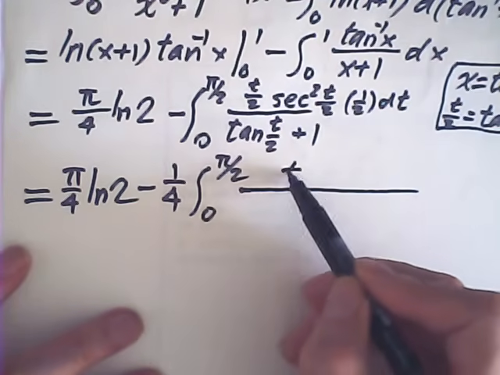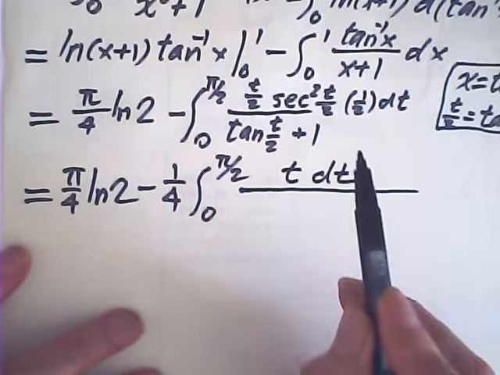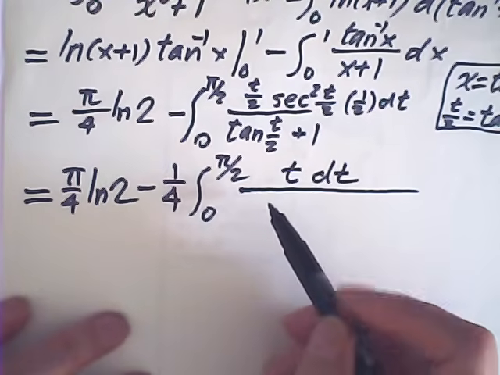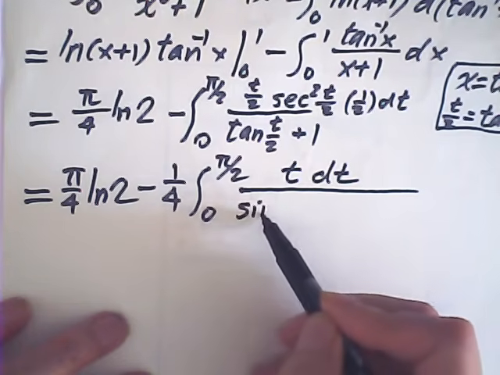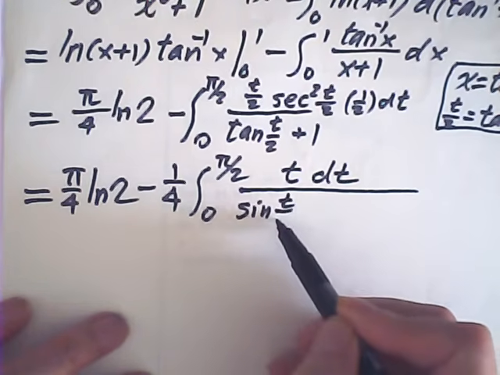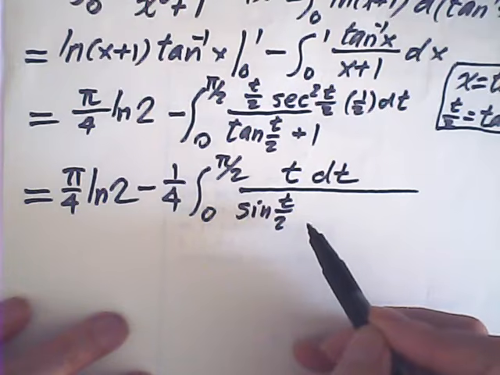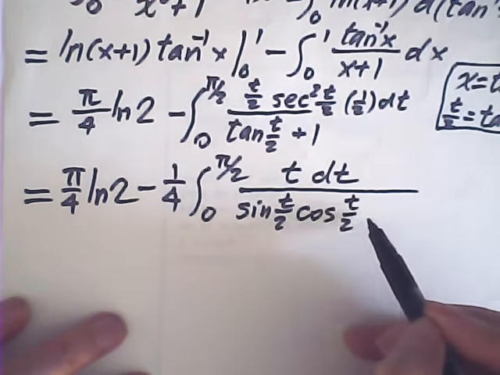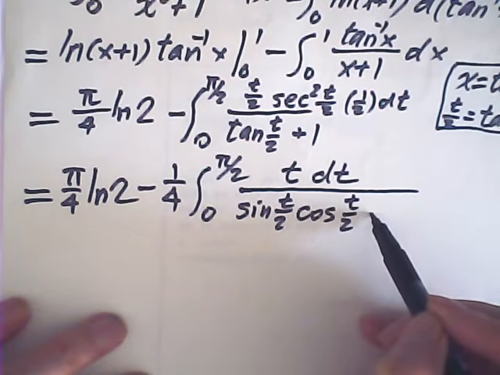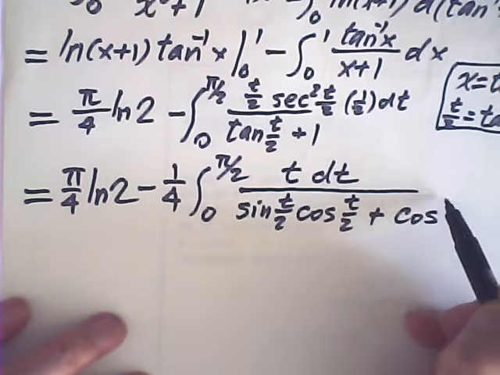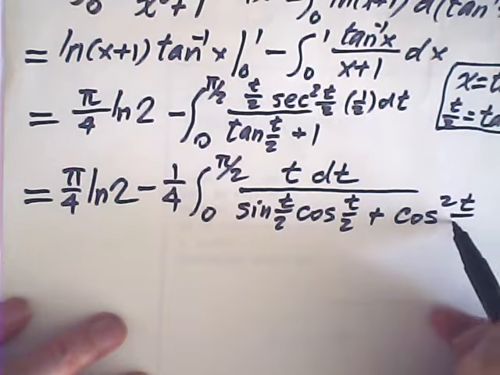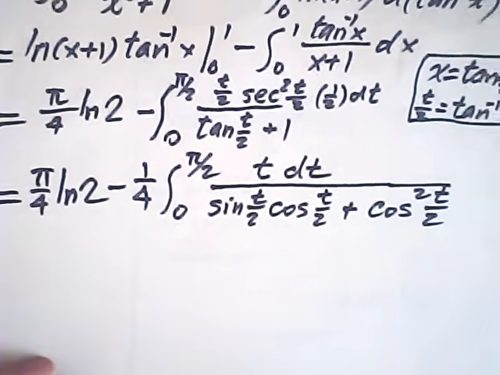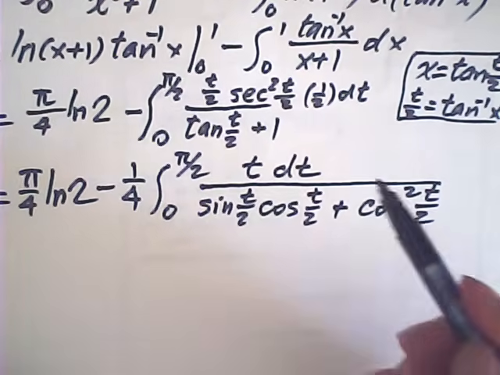What is left is dt. I multiply by cosine squared half t. So what is left is sine half t times cosine half t plus cosine squared half t. Wow. I hope you follow that.